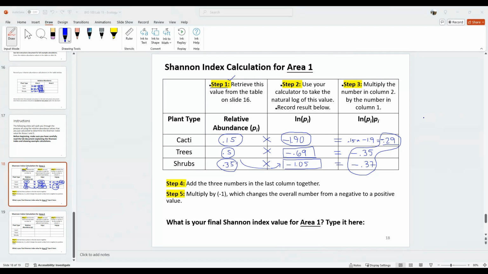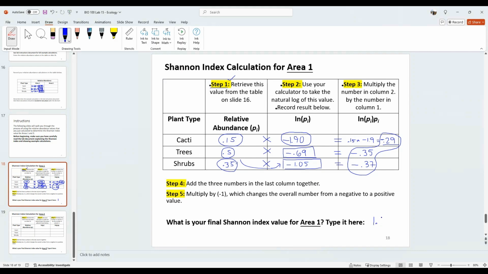So if we take negative 0.29 and we add that to negative 0.35 and we add that to negative 0.37, that would give us negative 1.01, but we flip it to a positive number.